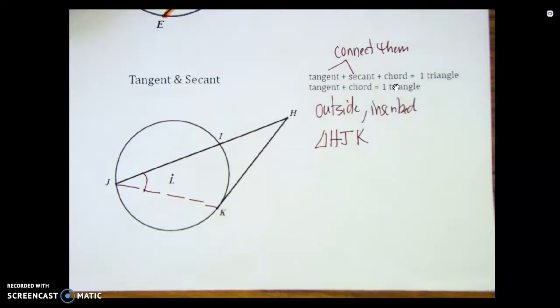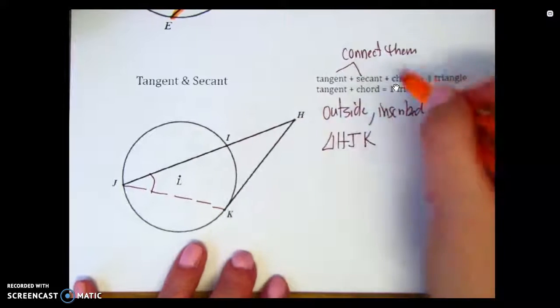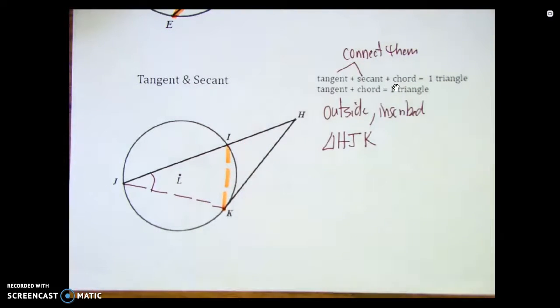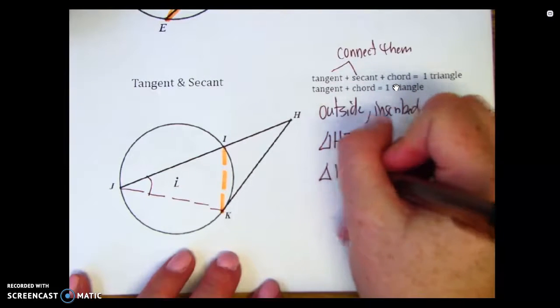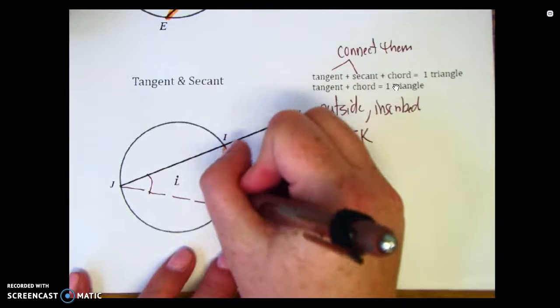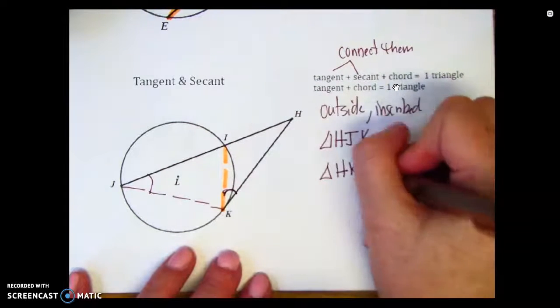Now the next one is you connect your tangent and a chord. So tangent and a chord looks like this. So what you're going to do again is you're going to go your outside, but then you're going to go to your tangent point, and then that third angle.